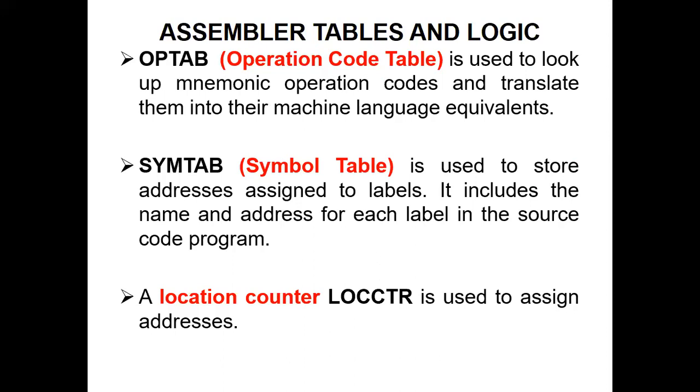You remember we said that every symbol needs an address, a machine language address. Because when we say, for example, STL RETADR, we need to know the address of RETADR. When I say LDA LENGTH, I need to know the actual machine language value of the address of LENGTH.